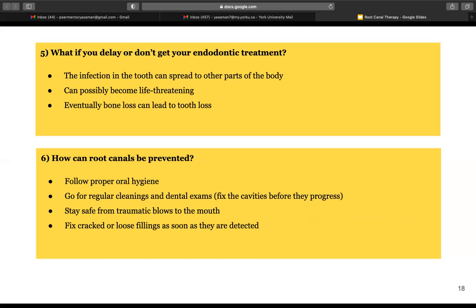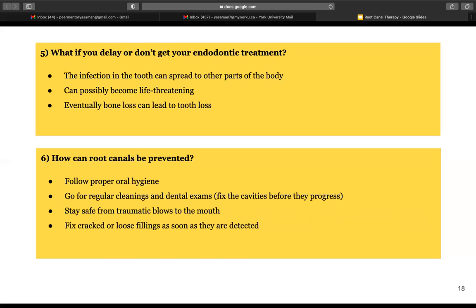And eventually, bone loss can also lead to tooth loss, because if the upper part is not functioning properly, you can't be chewing, and you won't be having any regular functions, so it would be hard.